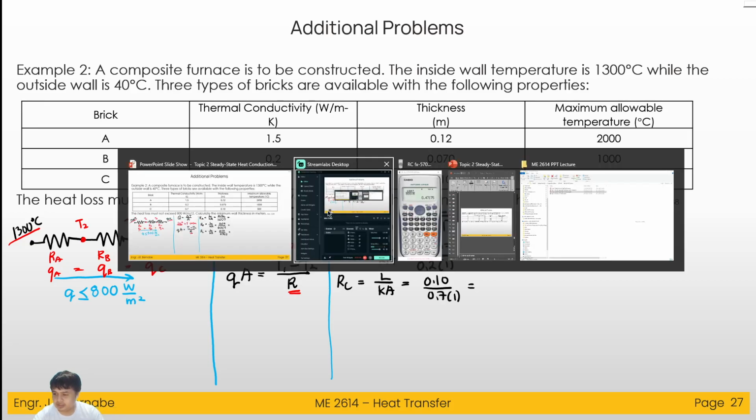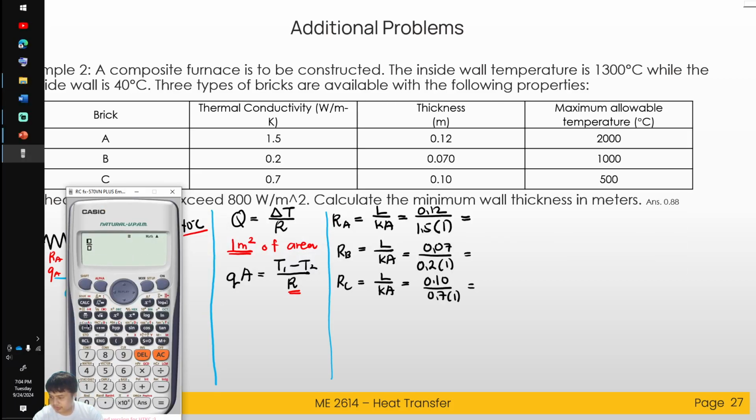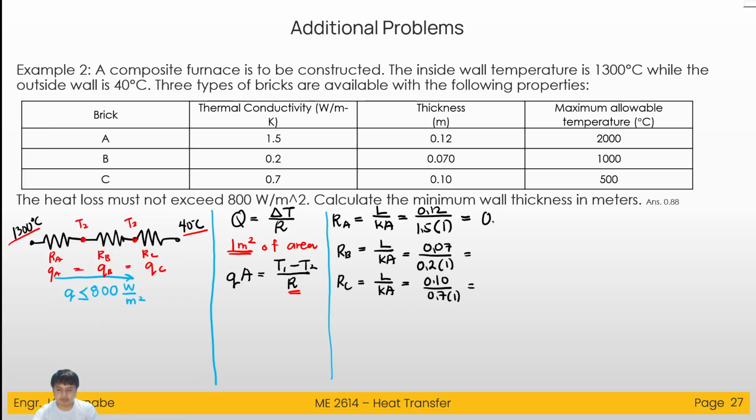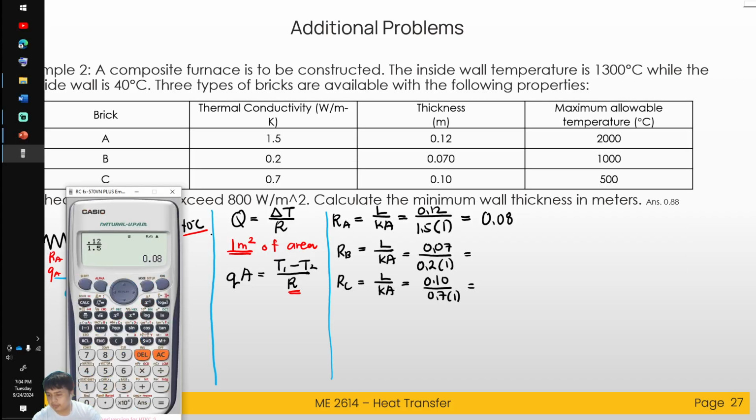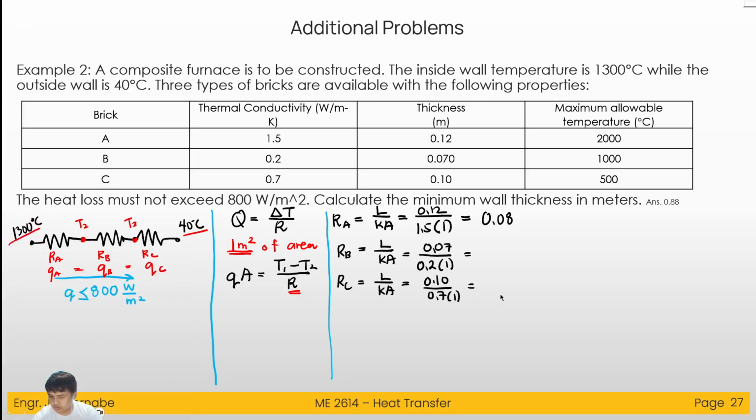So you can calculate this. You have 0.12 over 1.5. For RB we have 0.08, and then 0.07 divided by 0.2, so you have 0.35.